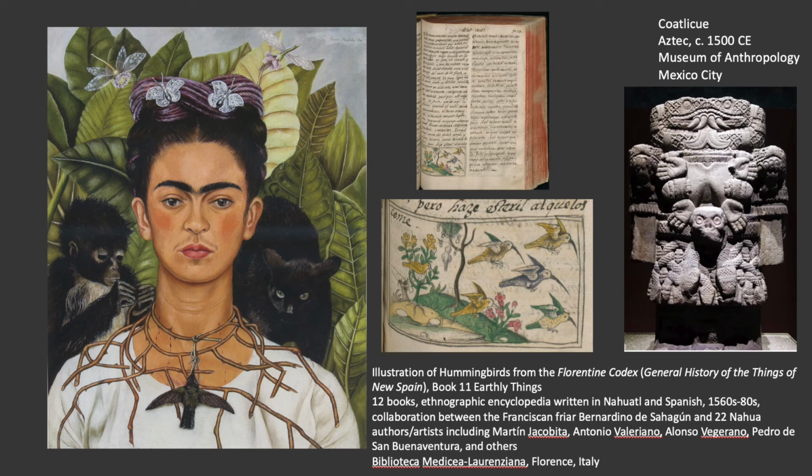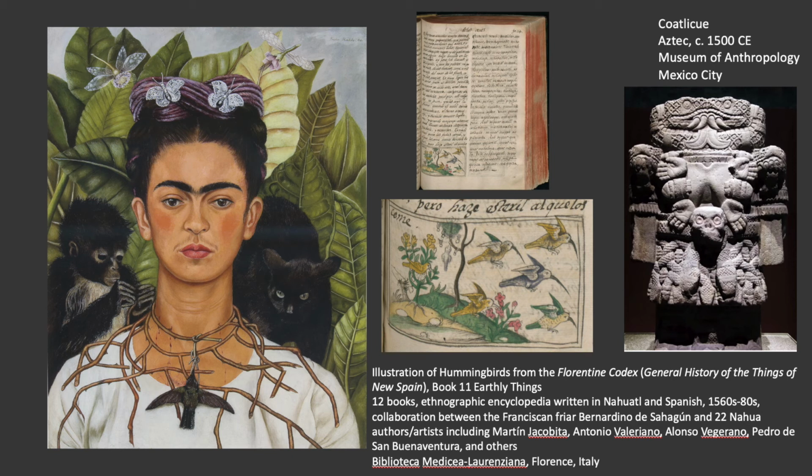And this object is 8 feet tall, it's carved from stone, and it's in the Museum of Anthropology in Mexico City. And this object was unearthed in the very central part of Mexico City. And it probably sat on the platform of one of the numerous pyramids in the Aztec ceremonial precinct before that precinct was destroyed in the aftermath of the Spanish conquest.